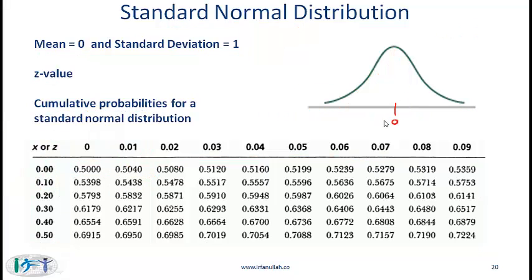What if I say that you need to come up with the cumulative probability for a z value of minus 0.1? Now clearly this probability is going to be less than 0.5, but over here you don't see any negative z values.